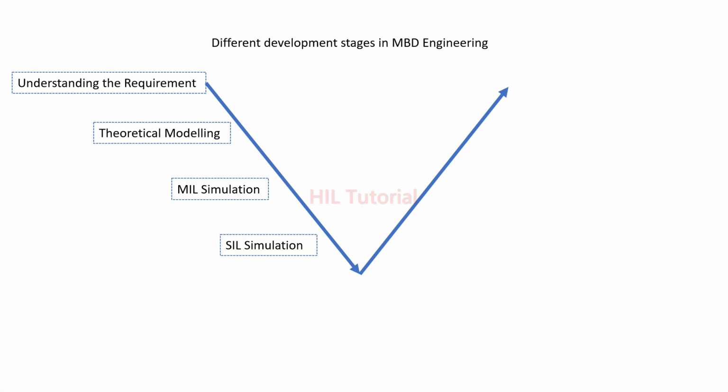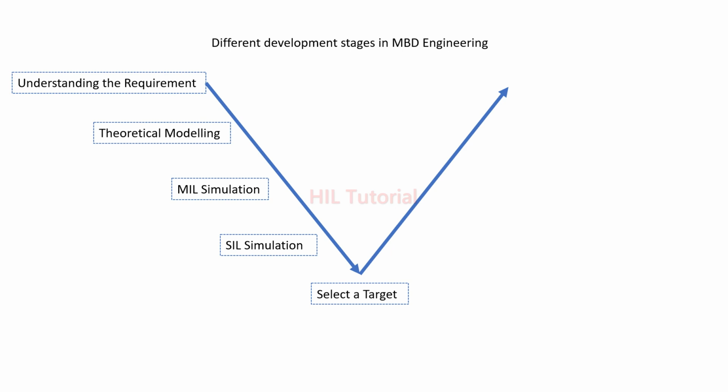Once you finish your MIL testing, then you go for software in the loop testing, that is also called SIL testing and SIL simulation. In this stage you will develop some code of your plant or your controller, based on the requirement, and you will ensure the functionality of the developed code is correct. Once the code is ready, then you will search for a suitable target.